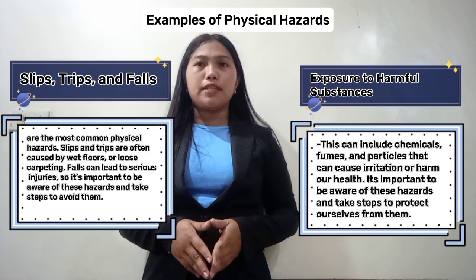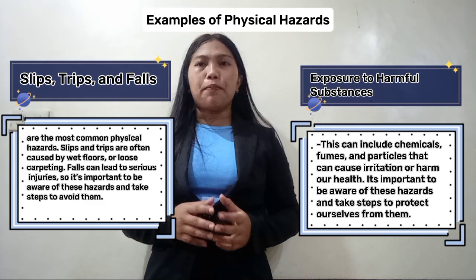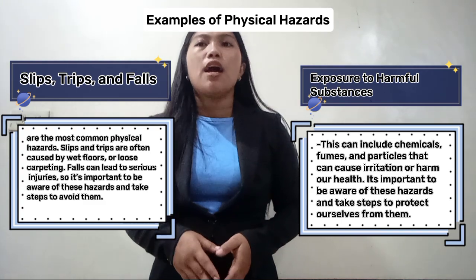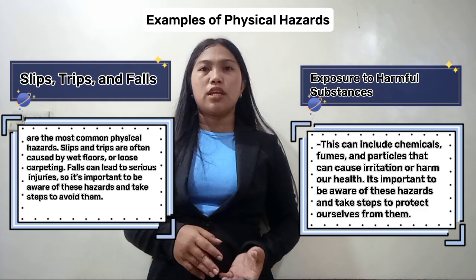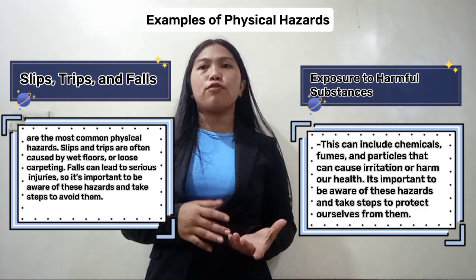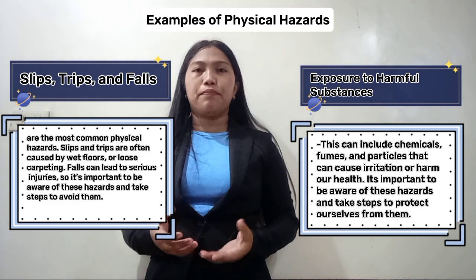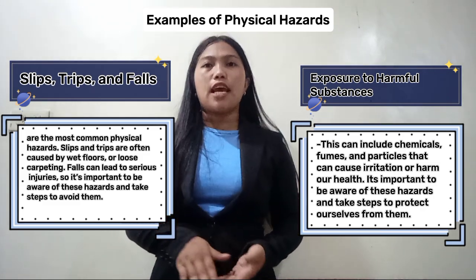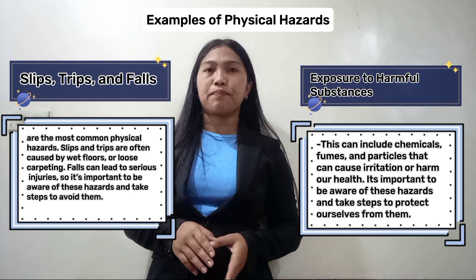Slips and trips are often caused by wet floor or loose carpeting. Falls can lead to serious injury. So it's important to be aware of this hazard and take steps to avoid them. Next is exposure to harmful substances.